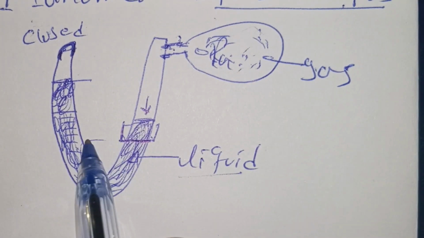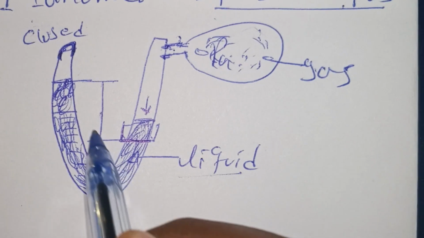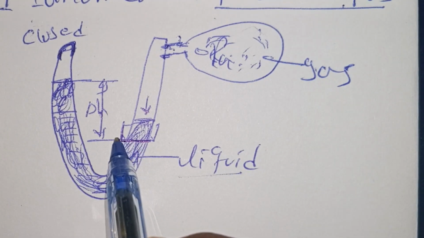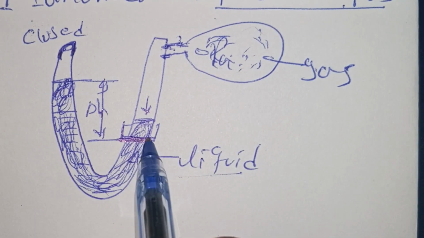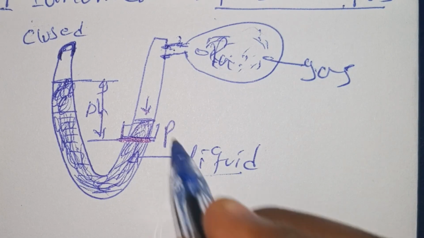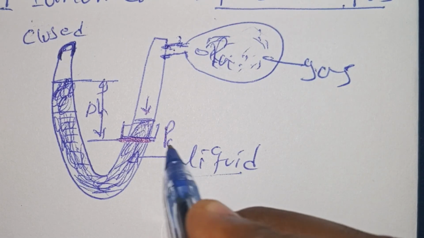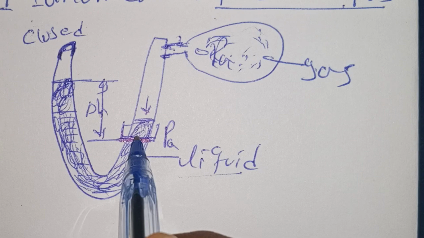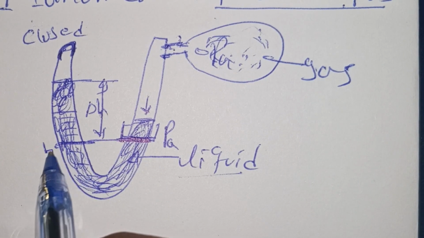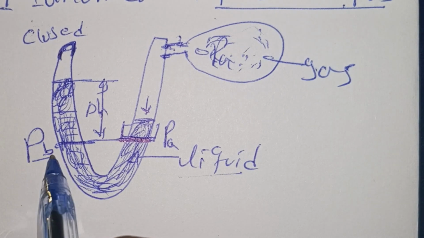Then we can get the height difference of the liquid, delta H. Then we consider the boundary between the liquid and the gas when it is pushed by the gas pressure. Let's say this is the pressure at some point PA, and we also make a parallel line at this point, and this point is, let's say, B, then the pressure at this point is PB.